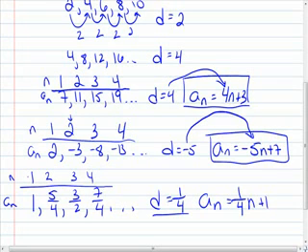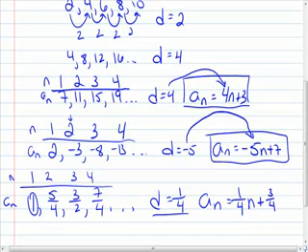1/4 of 1 is 1/4. Plus 1 would give us 5/4. Not 1, so we got to re-guess. If we added 3/4, 1/4 of 1 is 1/4. Plus 3/4 would give us 4/4, which is 1.